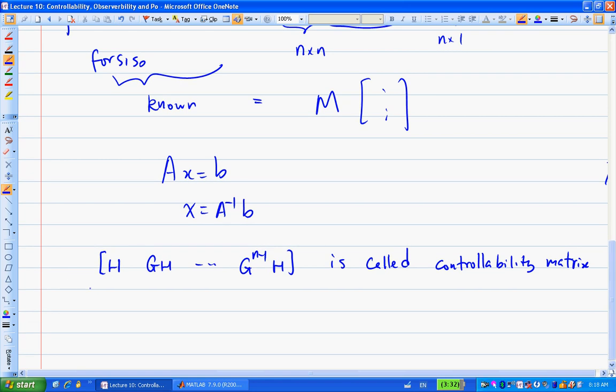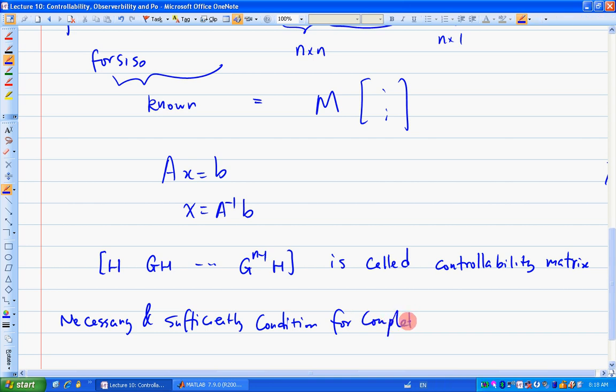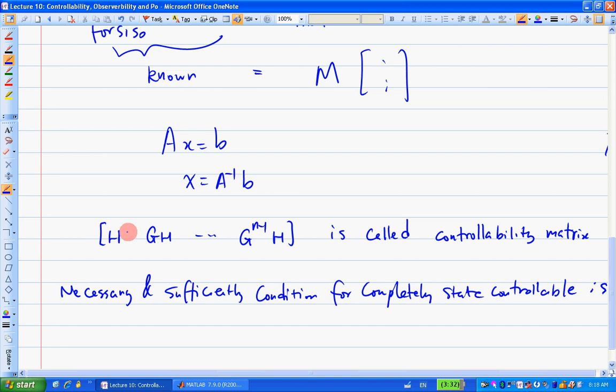Then the necessary and sufficient condition for the system to be completely state controllable is that this matrix needs to be full rank.